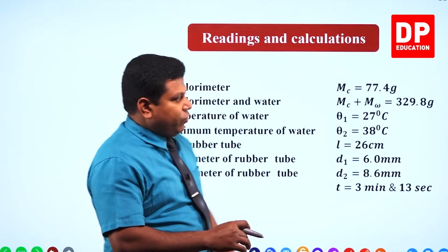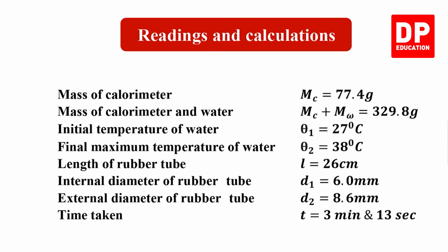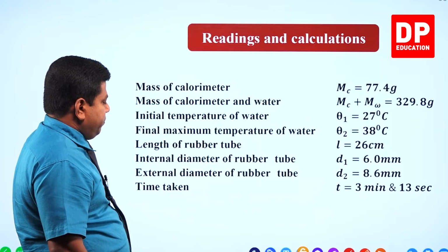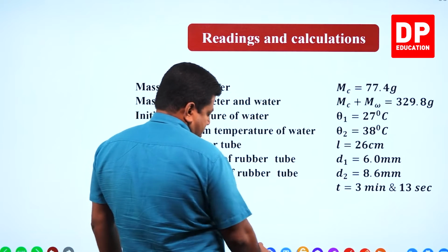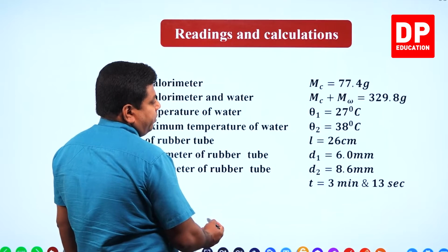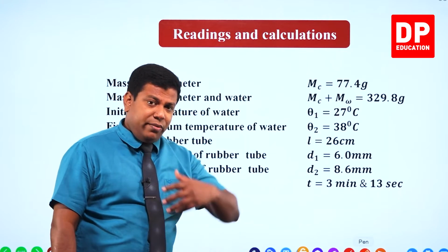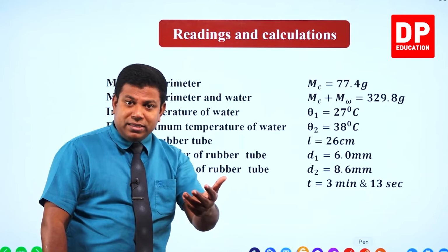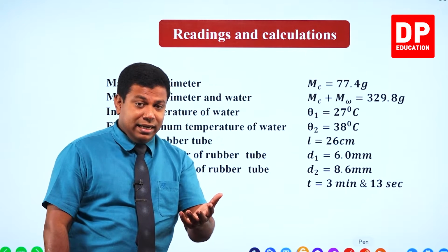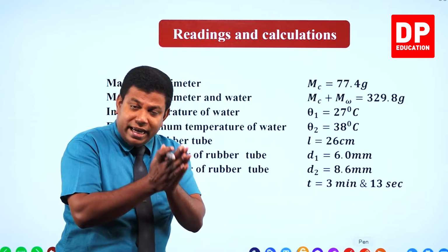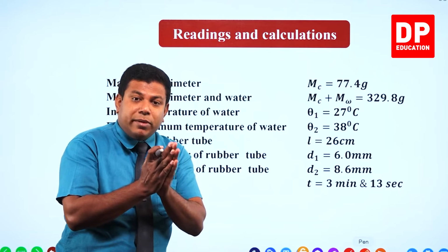The readings I have got have been tabled here: mass of calorimeter with water, initial temperature of water, final temperature of water, length of rubber tube, internal diameter of rubber tube, and its diameter. I have taken the diameters with the traveling microscope. I have not shown that because we have already seen it in the optics experiments. Also, there is a separate area called measuring equipments where I'll explain the traveling microscope in detail.